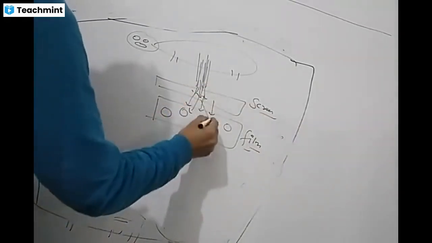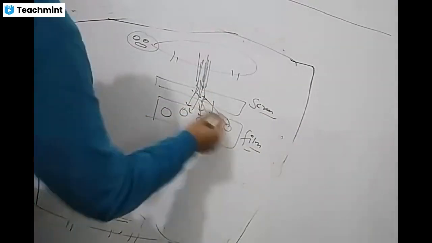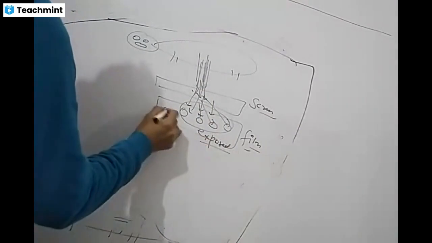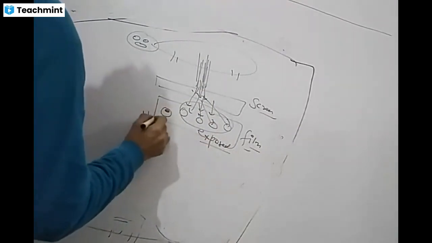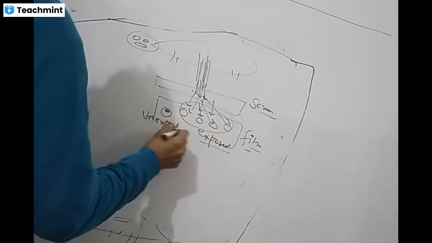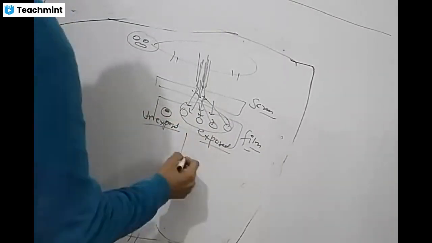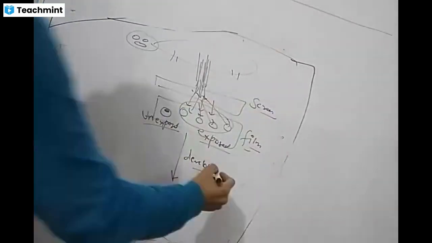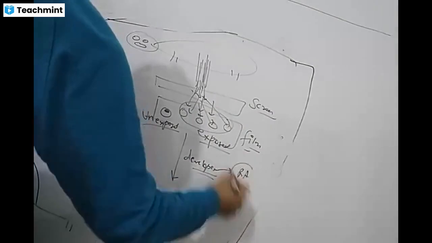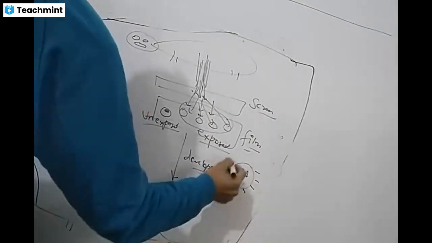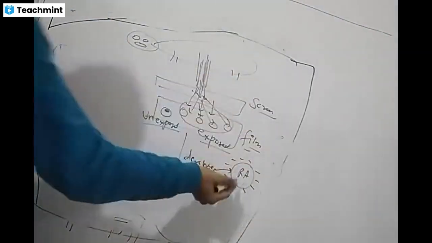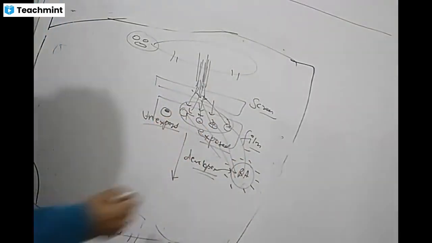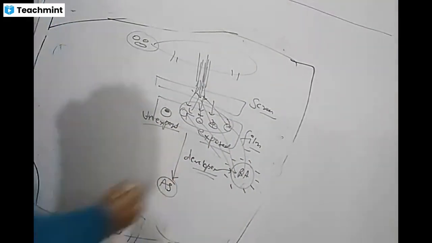The photons fall on four of them. So these four are exposed to the photons, and we call the other one unexposed. Then we take this film and put it into our developer. From the developer, the reducing agent, hydroquinone or phenidone, carrying negative charges, will come and reduce these four. So you will get metallic silver.